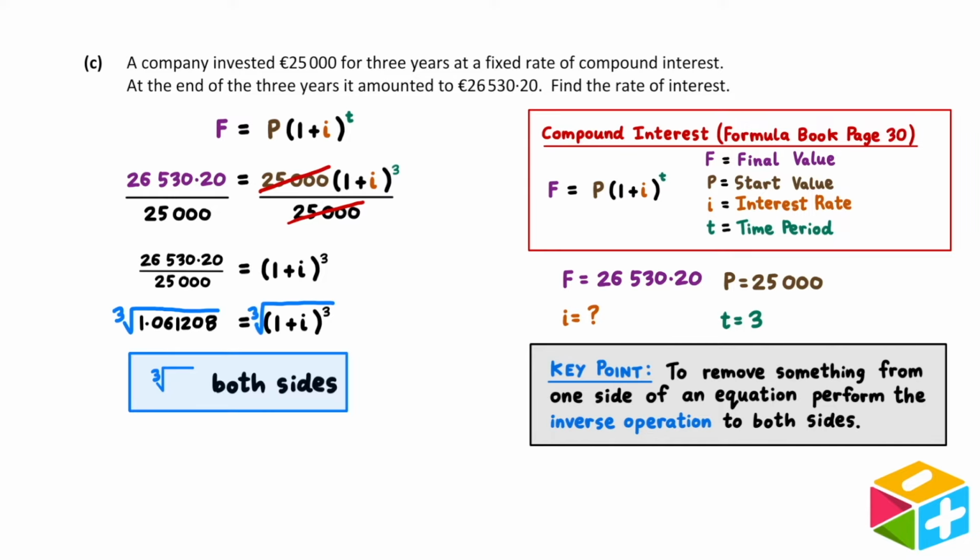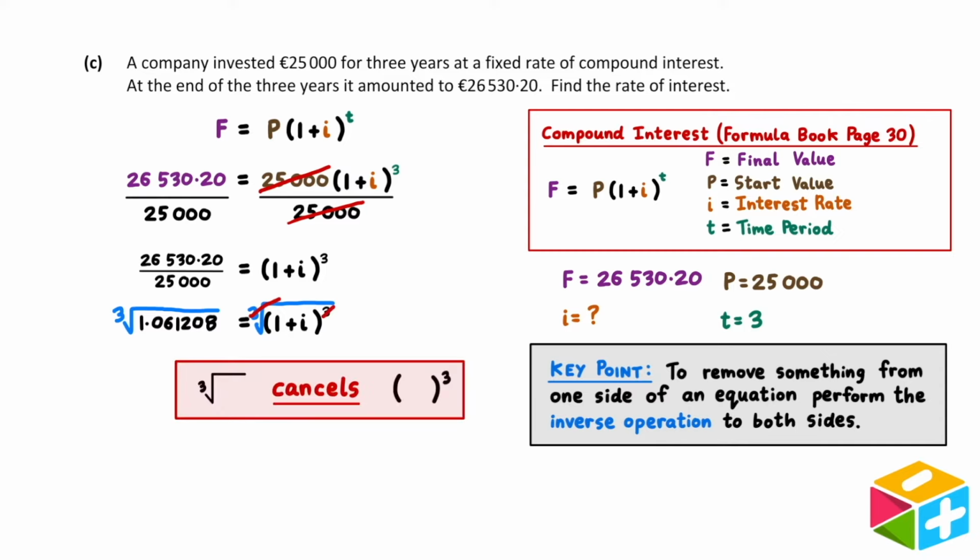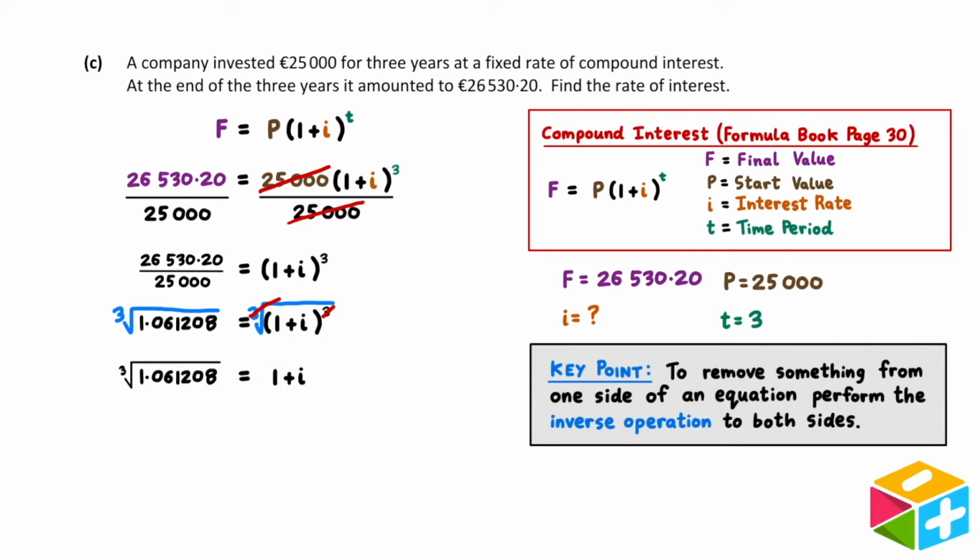So we'll find the third root of both sides. We're now left with 1 plus I.